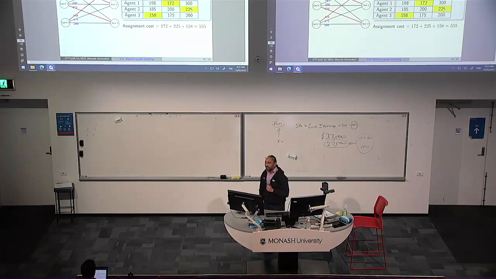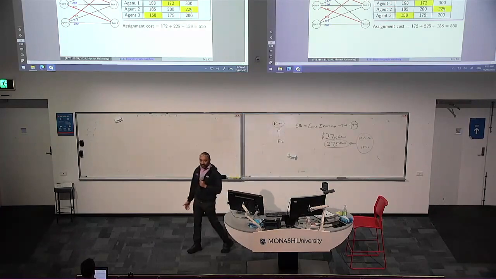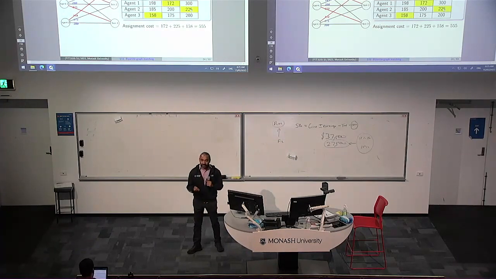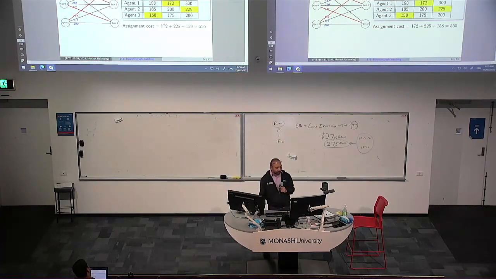So you can't greedily choose the minimum and think it would be a viable matching, because the matching needs to be distinct. Once you have chosen task 2 for agent 1, you couldn't have chosen the same task for agent 2. That would have been an invalid matching, because you'd have two agents mapping to the same task, but you need them to be distinct, okay?